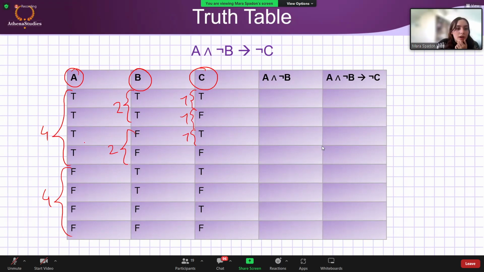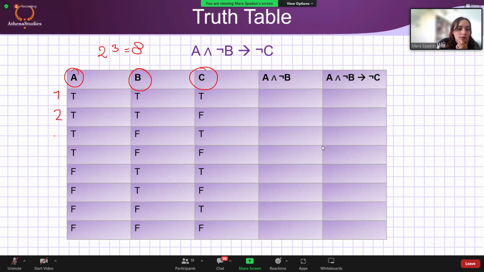And in order to know how many rows you need in total, you take 2 to the power of n, where n is the amount of variables you have. So in our case, we have 3. So 2 to the power of 3 is 8, right? So we know that in total we need 8 values here.